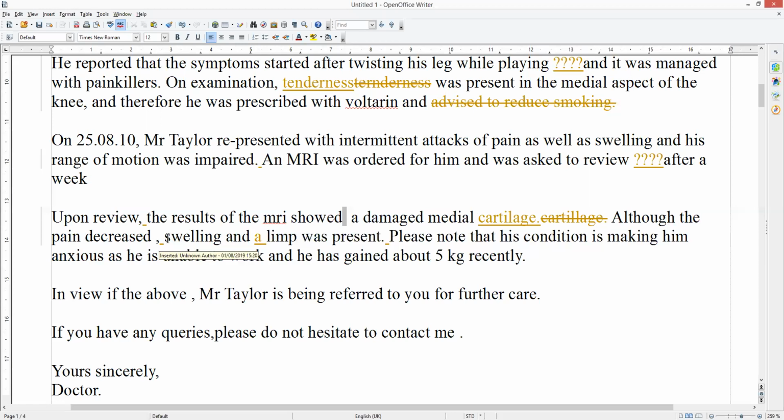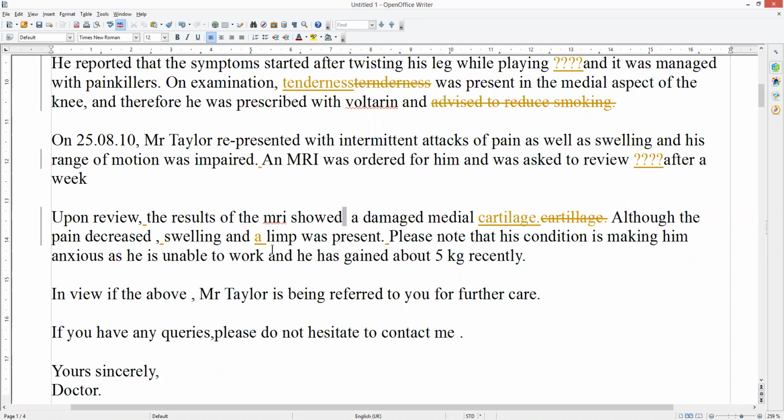A swelling, although the patient reported his pain had decreased, I noticed a swelling and the patient was limping, or he mentioned he was still limping or had a limp or something. But how that's written, that doesn't quite work.